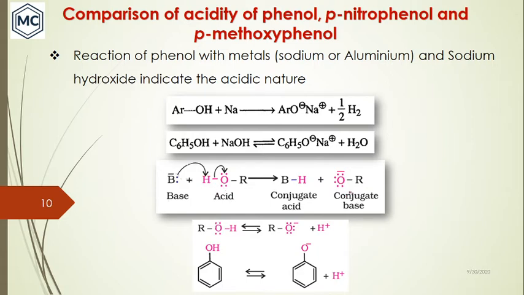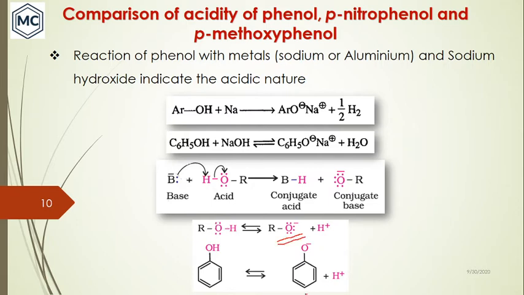Conjugate base means the compound which is obtained after the removal of H plus, and this is the conjugate acid. In the case of an aliphatic alcohol, on ionization you get the conjugate base alkoxide and H plus, and this is in phenol. This is the conjugate base of phenol, the phenoxide ion, and the extent of ionization depends on the stability of this conjugate base.